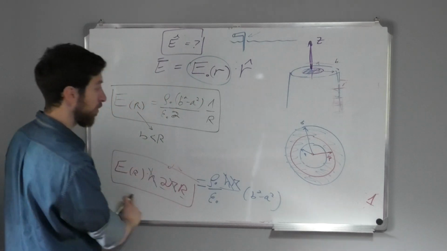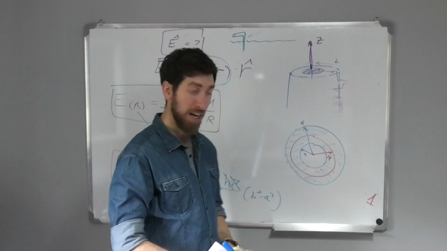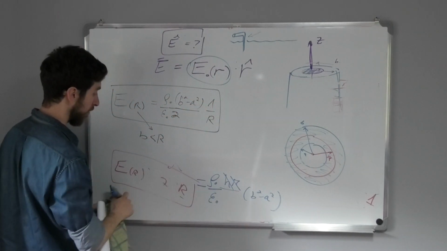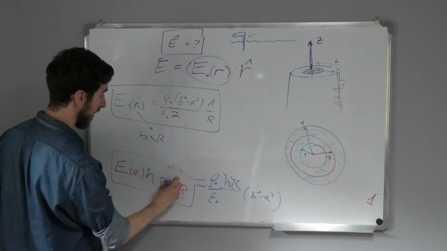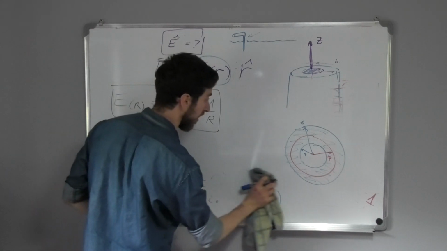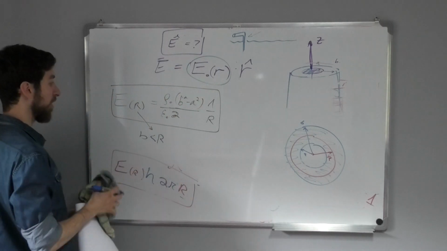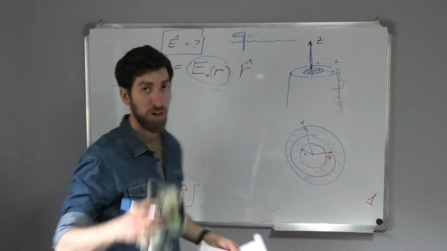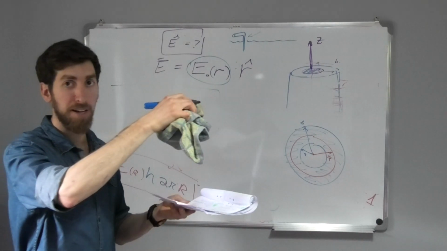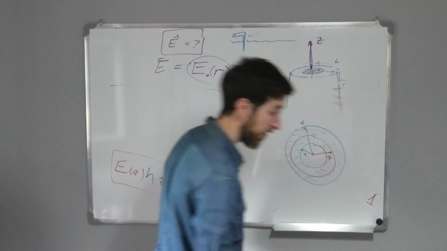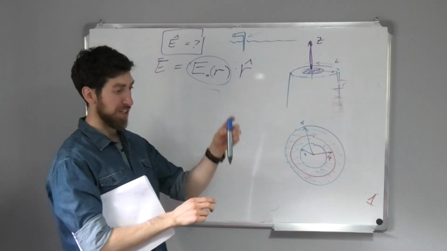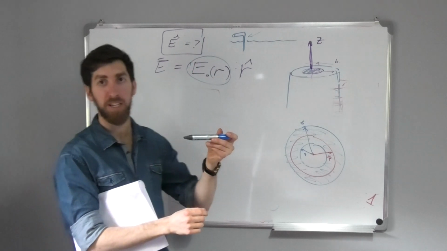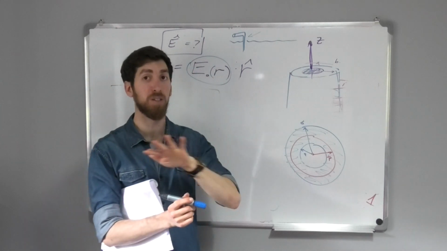And when I do the flux, the flux side is going to be the same. Let's leave it with the h, 2 pi. It's going to be the same explanation that I did before. Nothing is going to change. Why? Because for the upper part and the lower part, the top and the bottom, the dA is going to be pointing downward or upward, and the electric field is always going to be in the radial direction, so the cosine is going to cancel out.